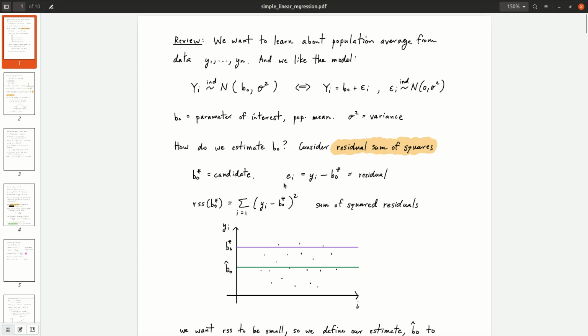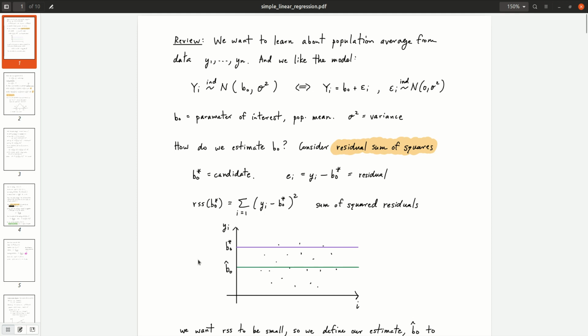And then once you have this, you can compute the residual sum of squares, or the sum of squared residuals, for this particular candidate, which is the sum i equals 1 to n of yi minus b0 star, which is the residual, and then you square it. That's why it's called the residual sum of squares, or the sum of squared residuals.